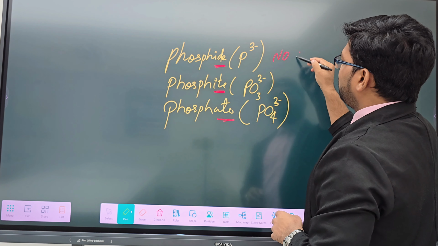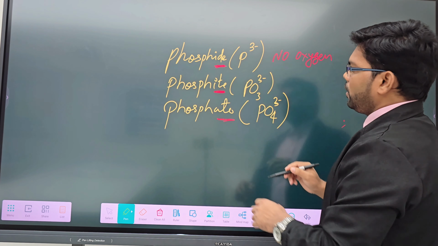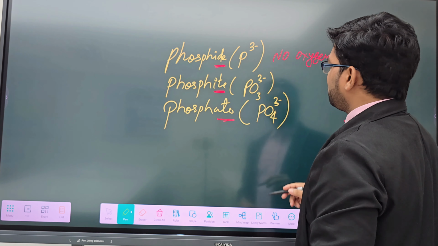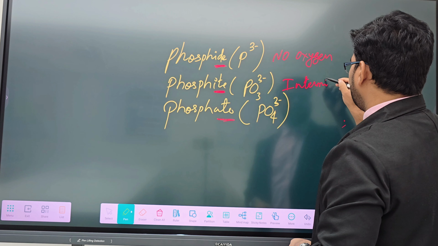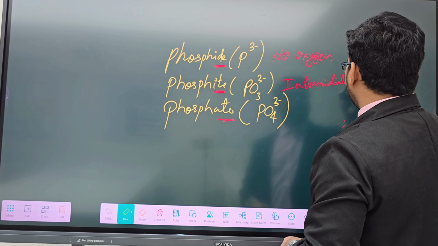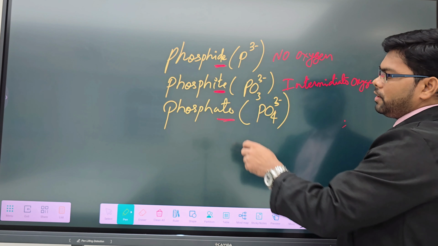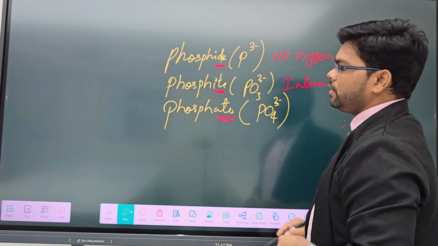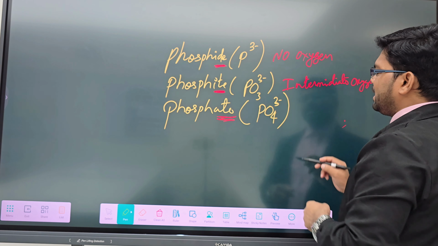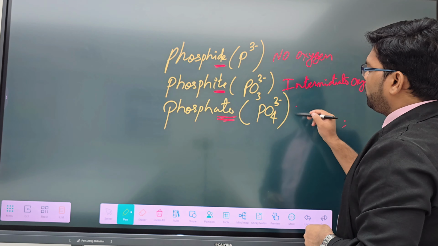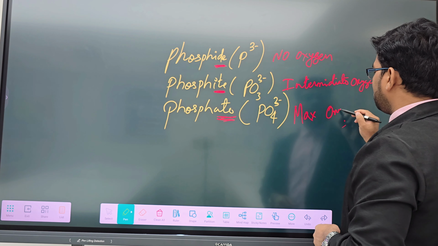If ITE, phosphite, then intermediate oxygen. If there is ATE at the end of this word, then you can say it is phosphate, and there is maximum oxygen present.